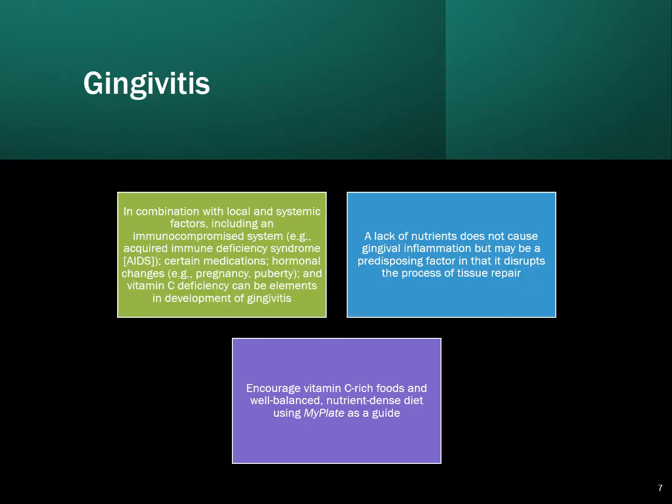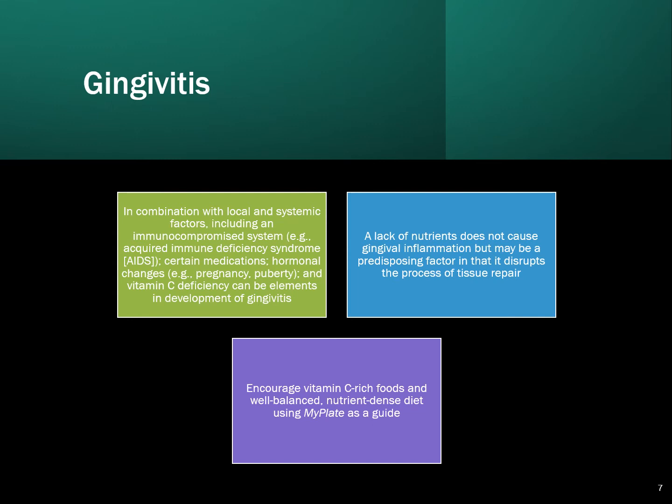So when we talk about gingivitis, of course, a lack of nutrients does not cause gingival inflammation, okay? It does not cause that, but it can be one of the factors that will get in the way of our body's ability to repair tissue. So we're going to look at local and systemic factors, right? We're going to be looking at their immune system. Are they immunocompromised?